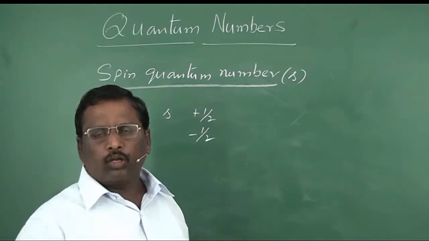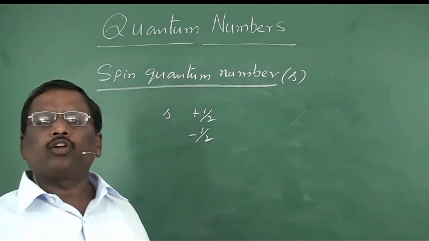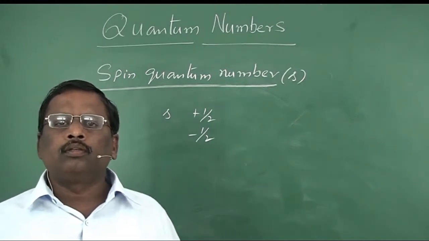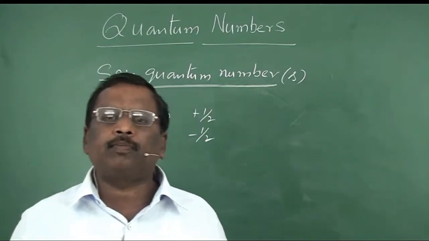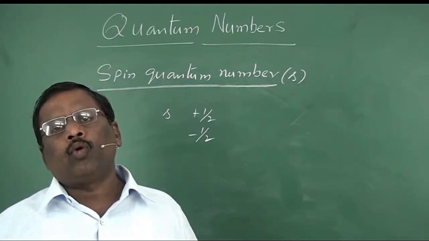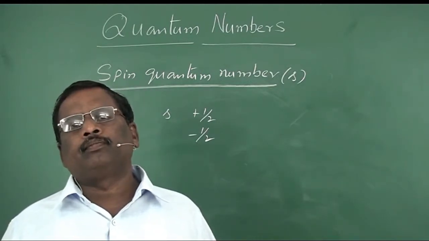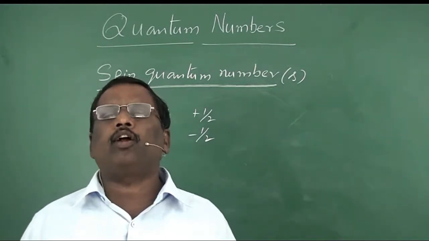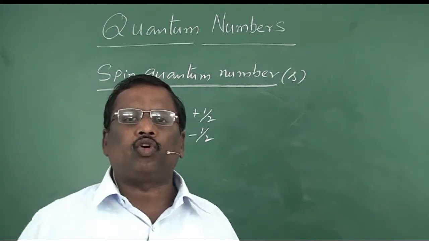Each orbital, there is possibility for only two electrons, because there are only two possible directions for a spinning. One is clockwise spinning, another one is anti-clockwise spinning. That's why in any given orbital, there is a place only for two electrons.